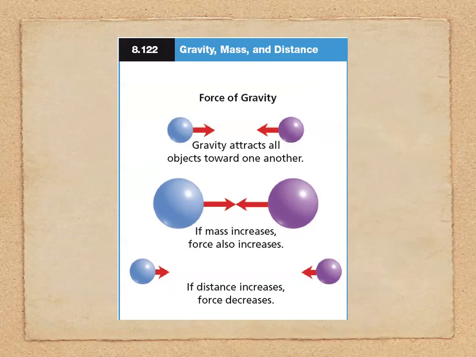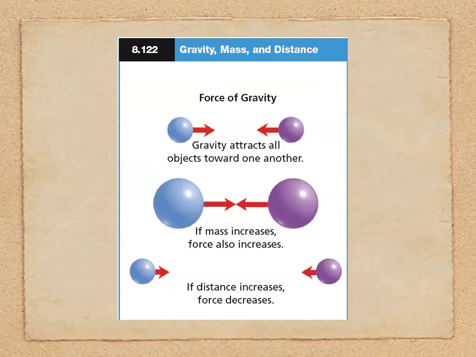Okay, this is what we're going to want to remember for lab today, is gravity, mass, and distance. And we covered this in detail in prior chapters. Gravity attracts all objects towards one another. We know that to be true all the way from super small particles like the quark, protons, neutrons, electrons, all the way up to planets and suns.